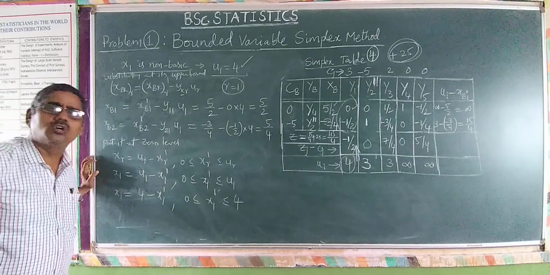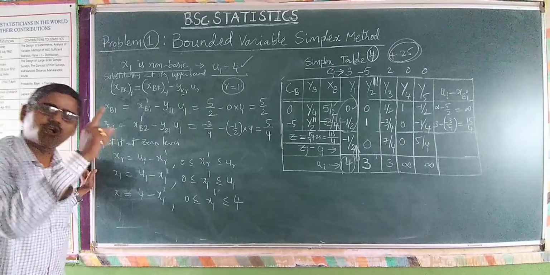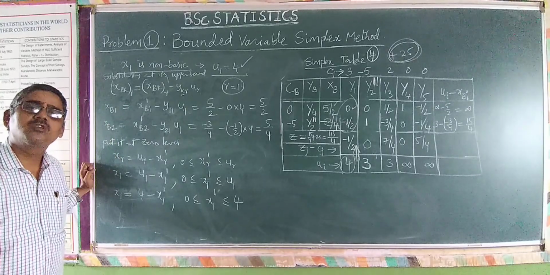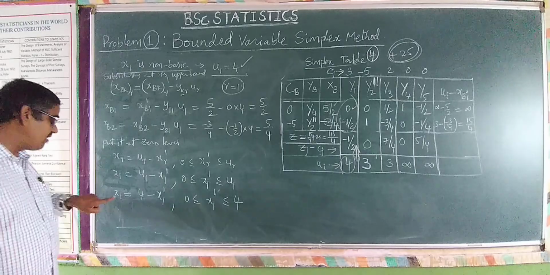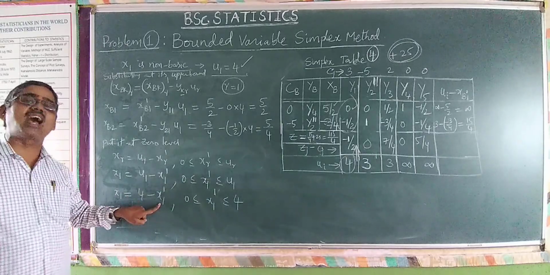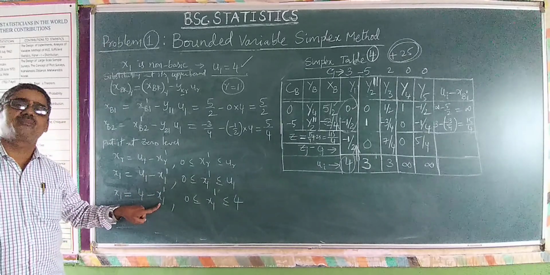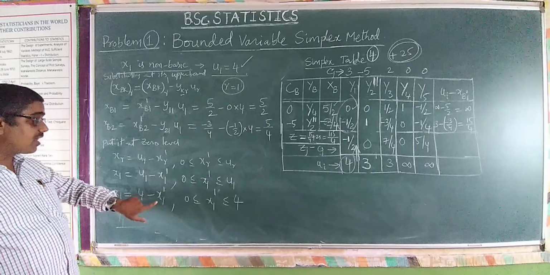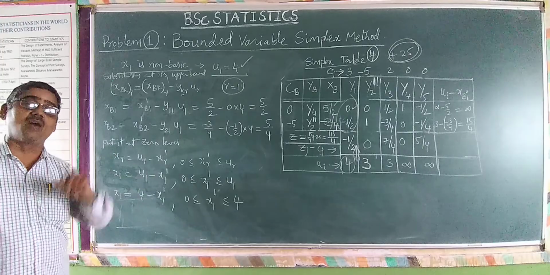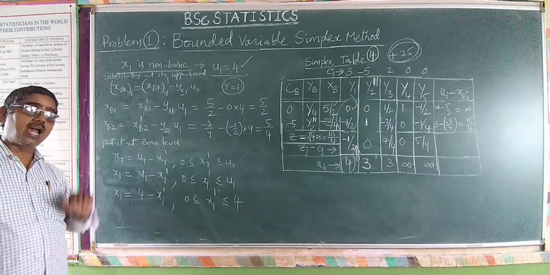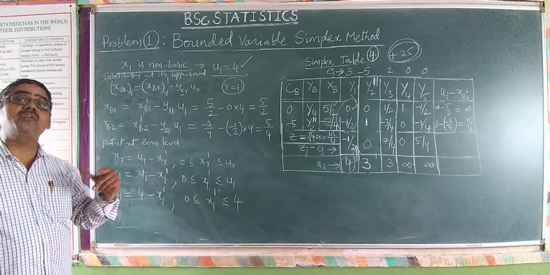Why do we have to substitute, that is, put at 0 level? Because you see here, x1 is equal to 4 minus x1 dash. If you don't put this particular variable x1 at 0 level, then the values of x1 may be negative.